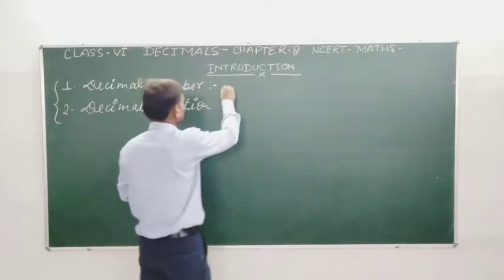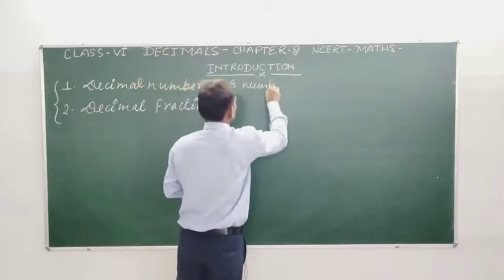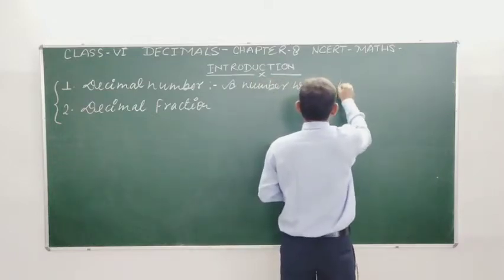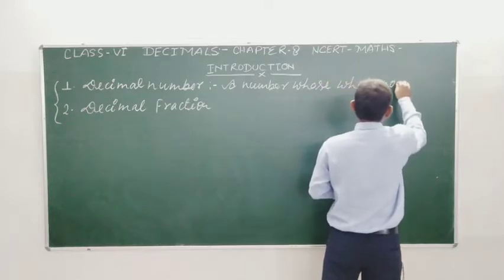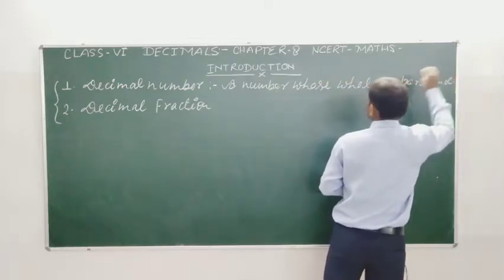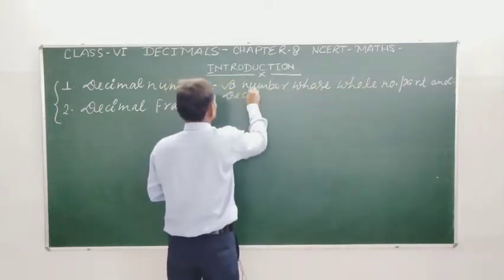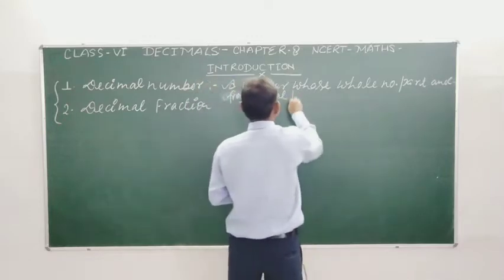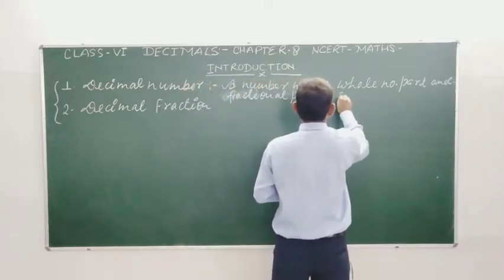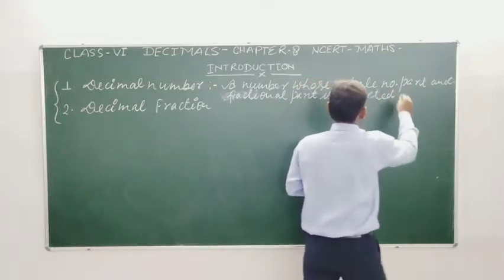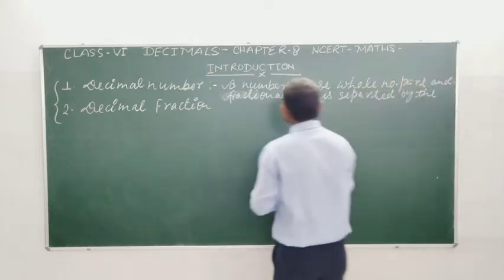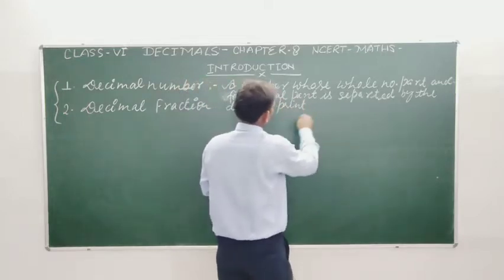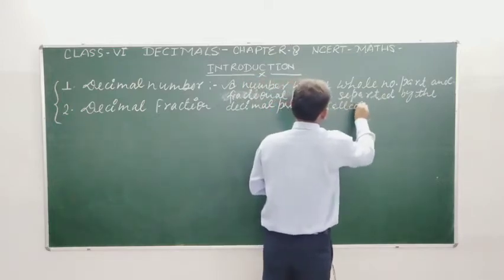Decimal number stands for a number whose whole number part and fractional part is separated by the decimal point is called decimal number.